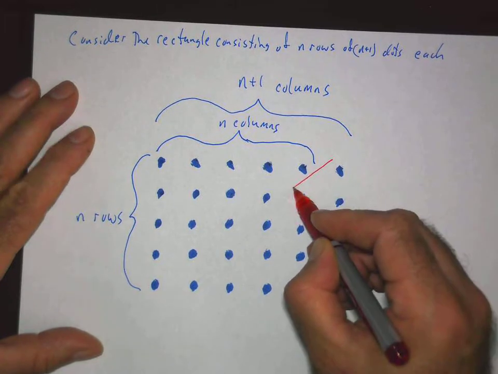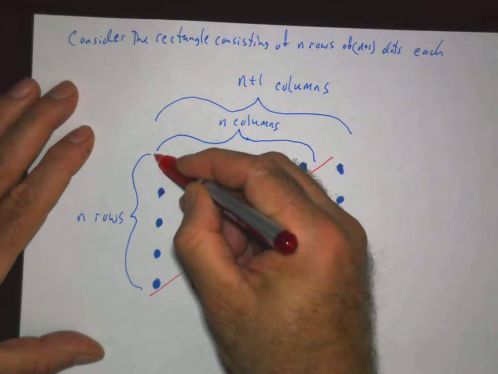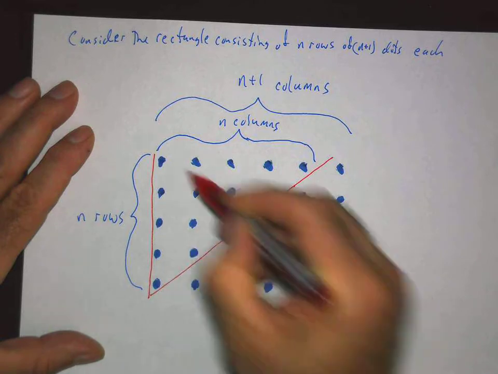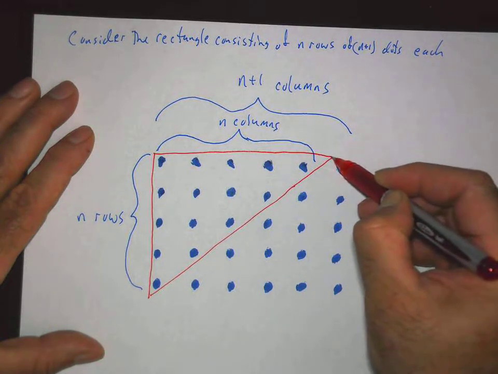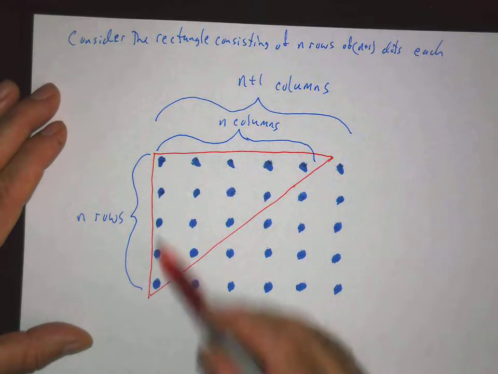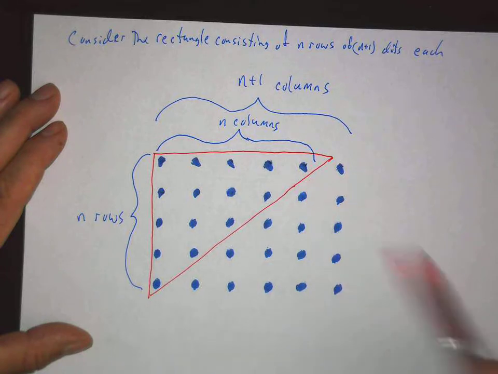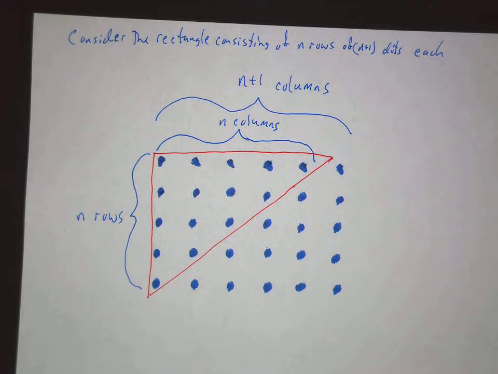Now, I'm going to draw a triangle using all of the rows, and notice I have n rows and n columns here. And we can sort of see what's happening now.